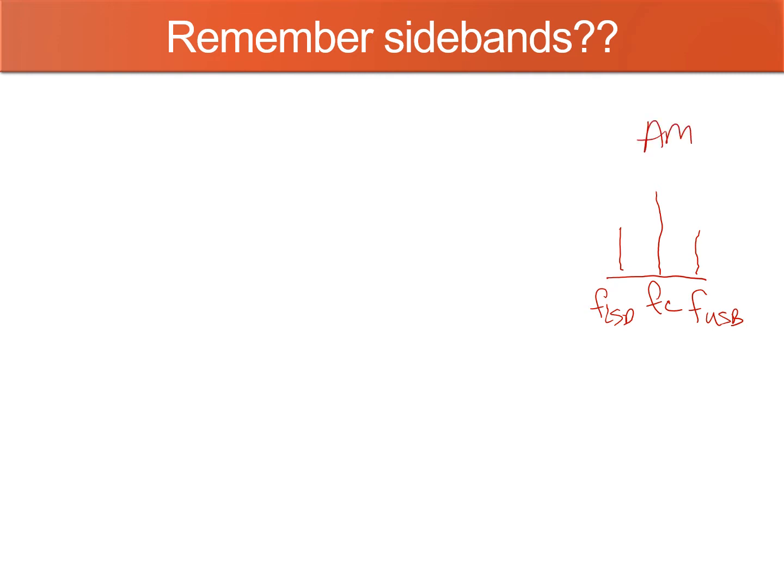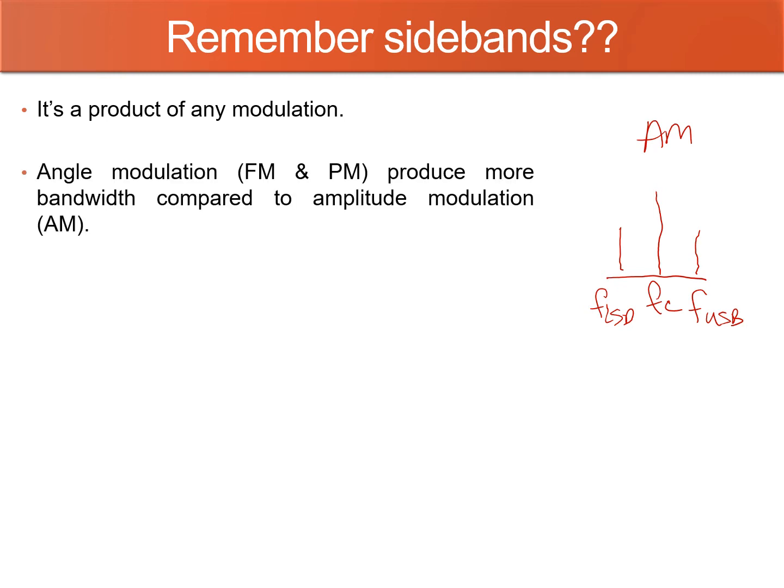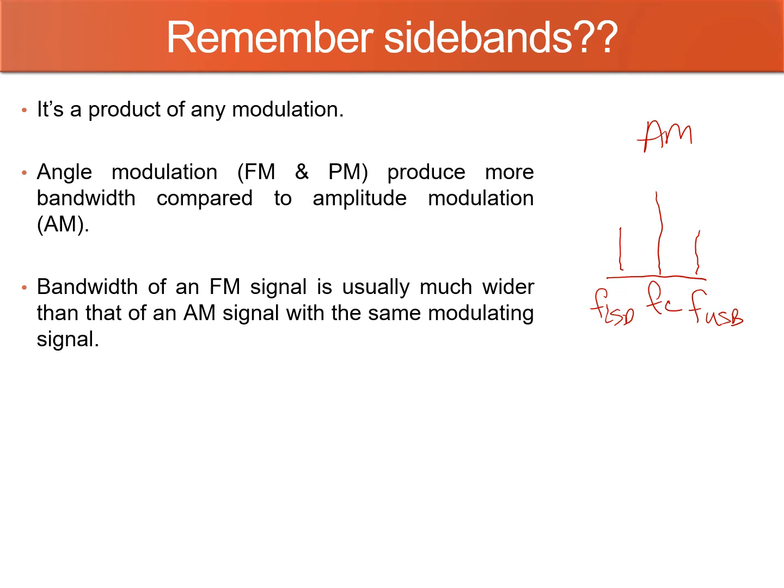Okay. FM is a product of angle modulation. So angle modulation, FM and PM, produce more bandwidth compared to amplitude modulation because they have multiple sidebands. The bandwidth of an FM signal is usually wider than that of an AM signal with the same modulating signal.